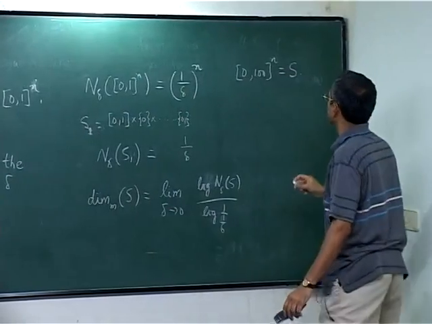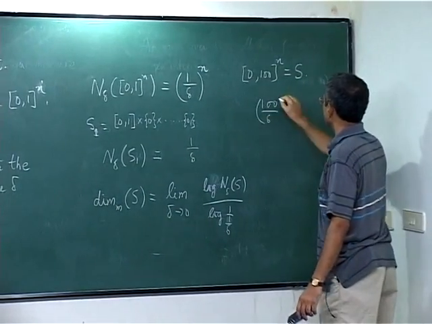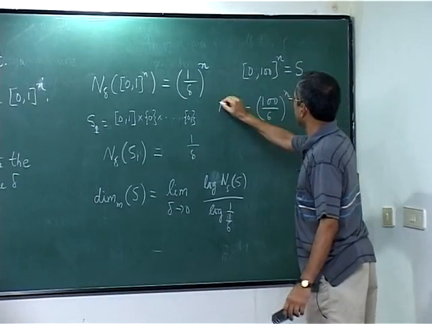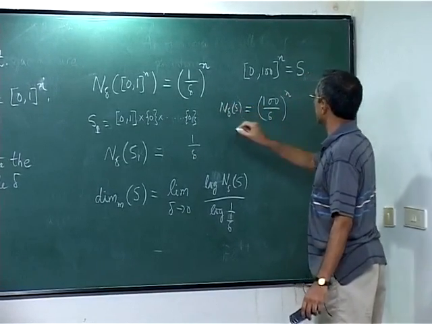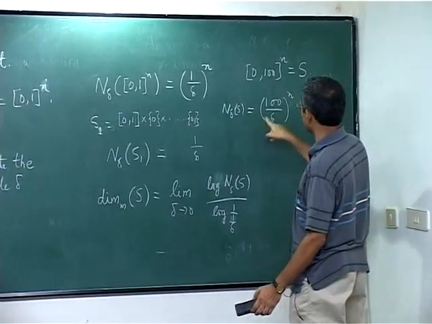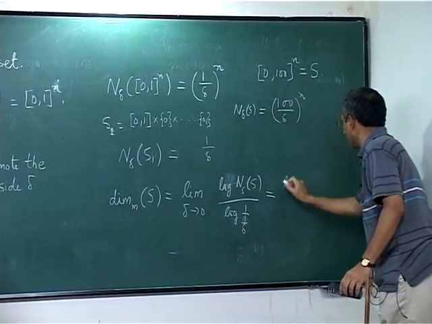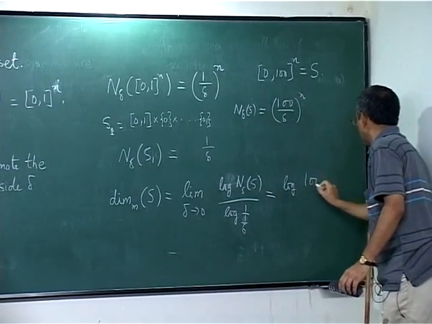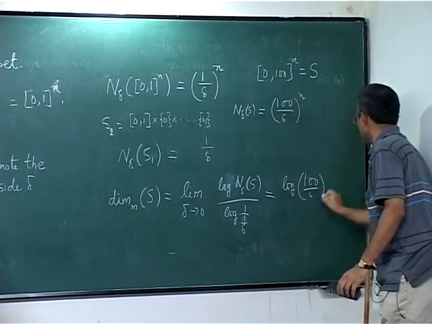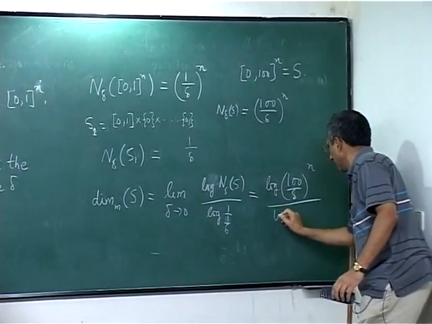It is 100 by delta to the power n. So my n delta S is much larger. So what is the dimension of such a set then? The dimension would be log of 100 by delta to the power n divided by log of 1 by delta.